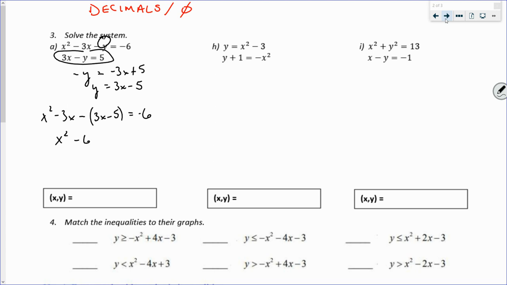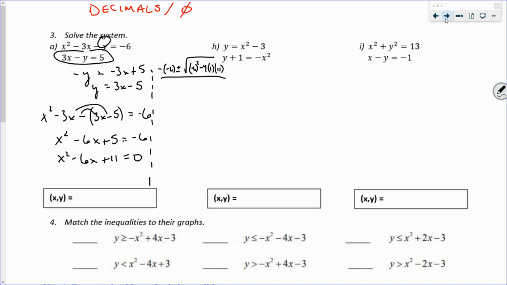X squared minus 6x plus 5 equals negative 6. X squared minus 6x plus 11 equals 0. Now I'm ready to start the quadratic formula. So negative b plus or minus the square root b squared minus 4ac all over 2a.